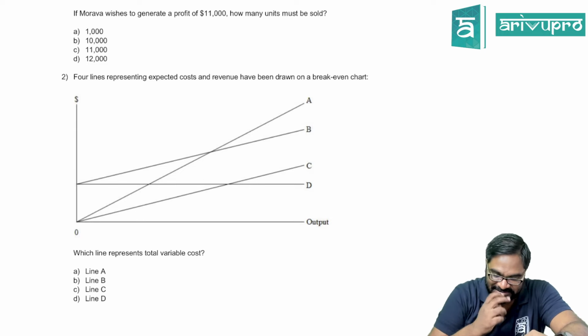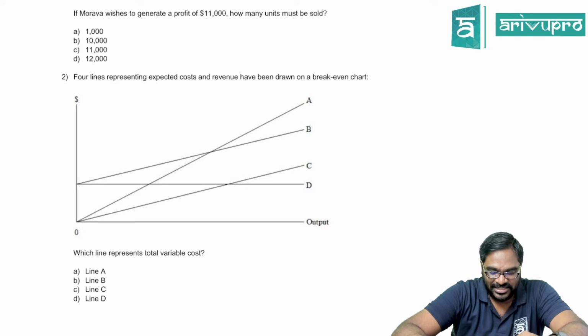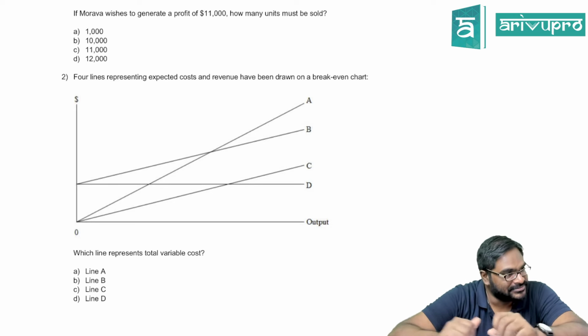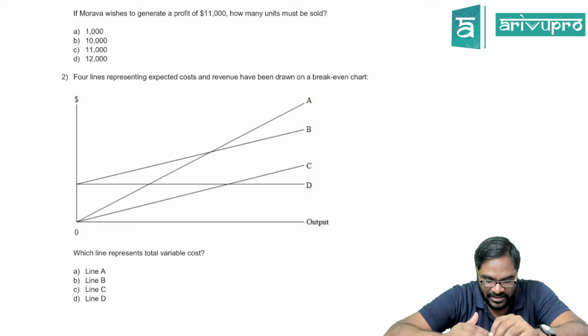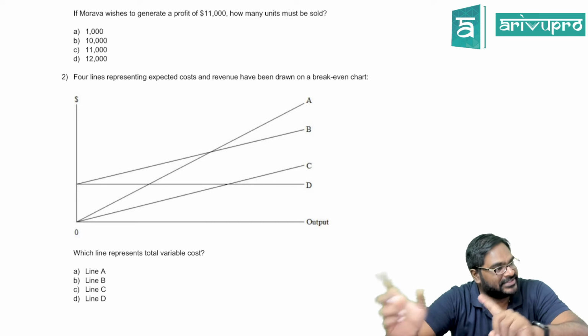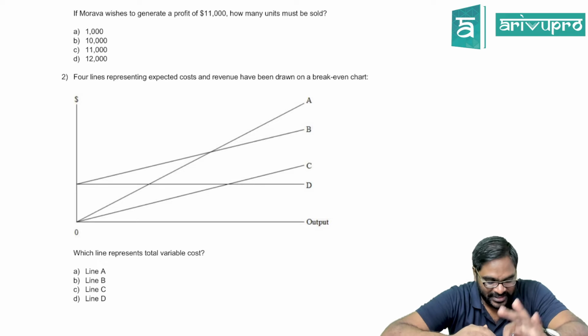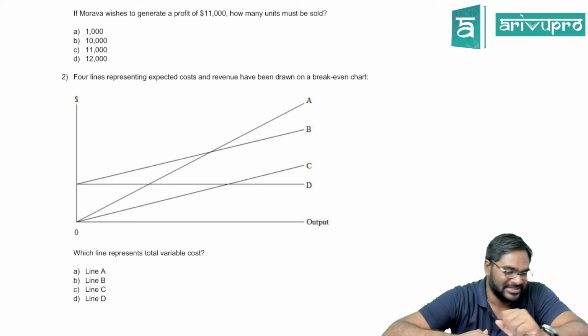So what would be the answer then? Line C. Line B would be the total cost starting from fixed cost. Are we good? Right. So the answer would be C.